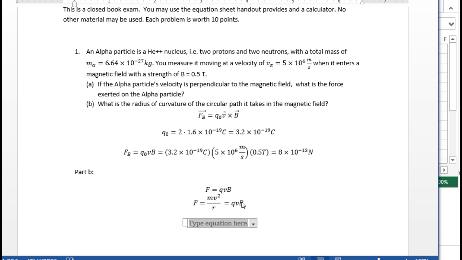So if we solve for r, r is mv over qB, right?